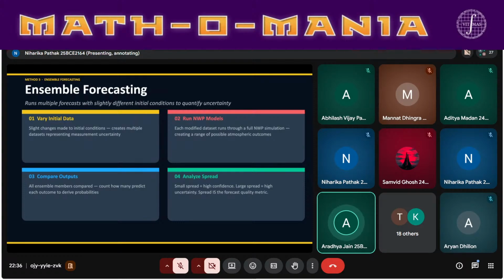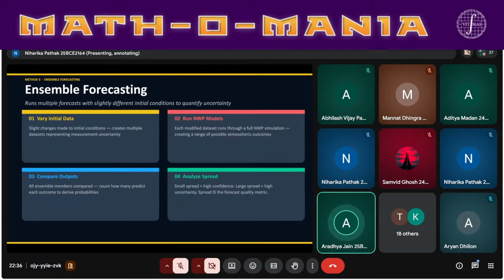So that makes it uncertain what the possible outcome could be. But when it's majorly that one particular event, like 70% rainfall, the spread of that rainfall is actually low. So it will give us high confidence that rainfall is most likely going to occur.